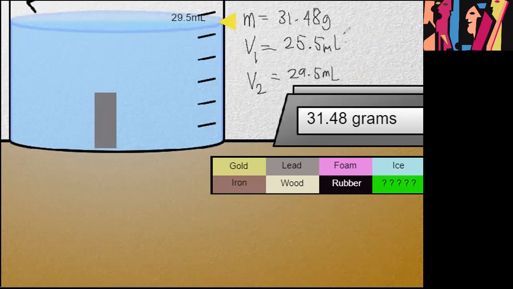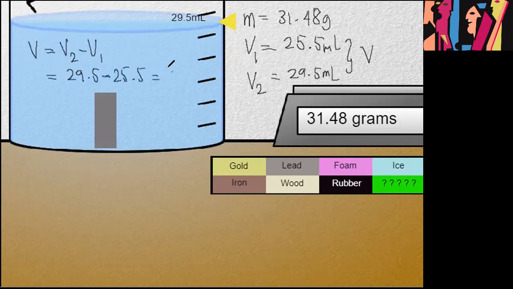With these two measurements, I can find the volume V of the object. The volume of my object is the difference. That's 29.5 take away 25.5. It looks like that's 4 ml. So V is 4 milliliters.